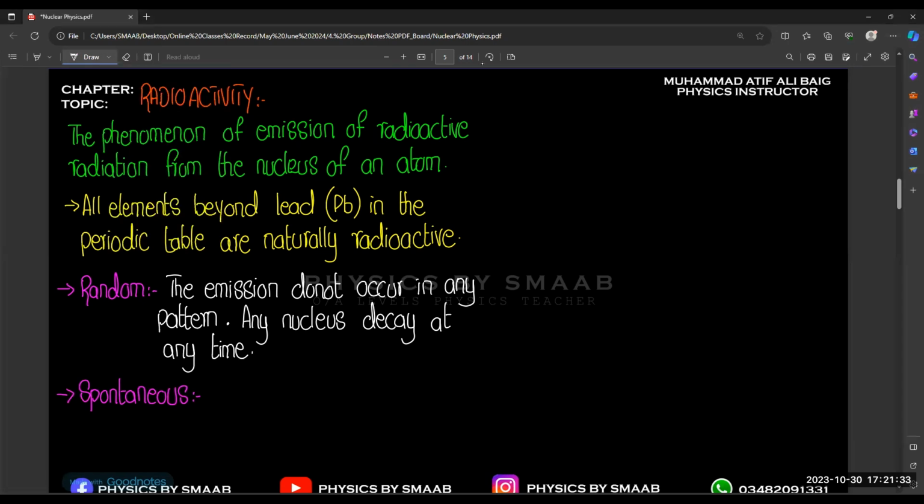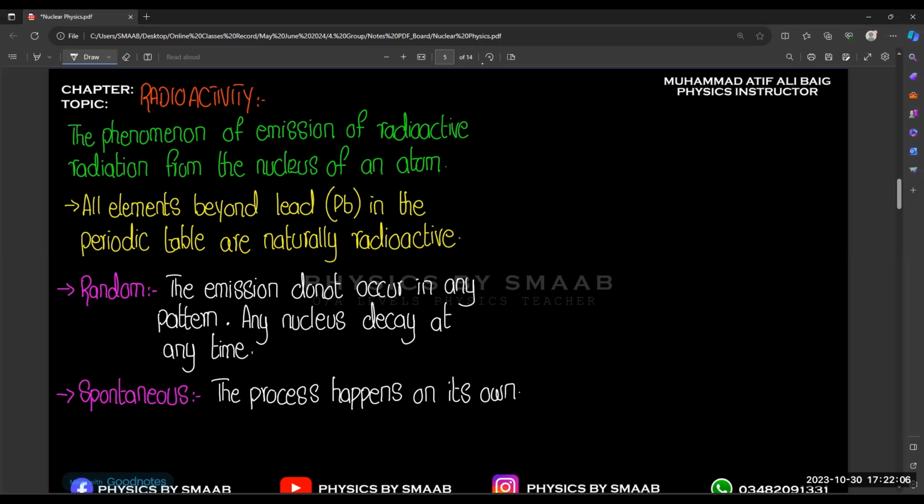So the meaning of spontaneous is the process happens on its own. So basically nothing is responsible for this radioactive emission. This can happen on its own.